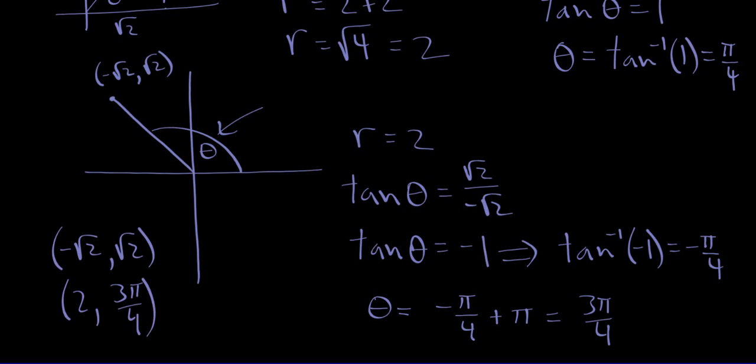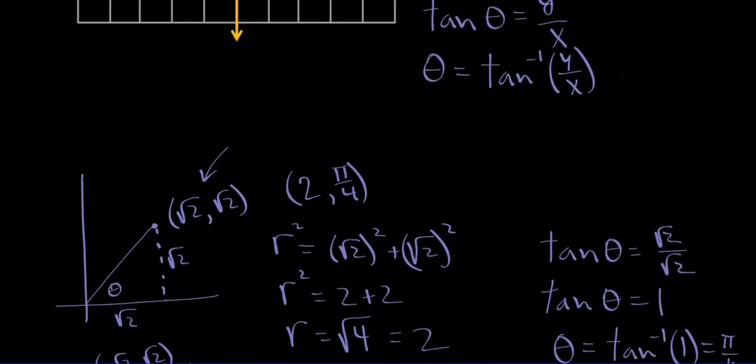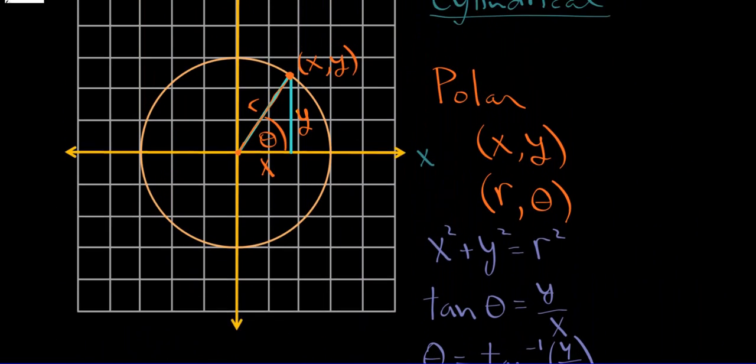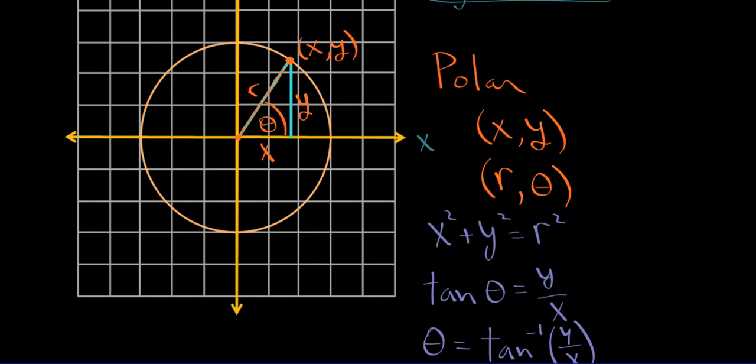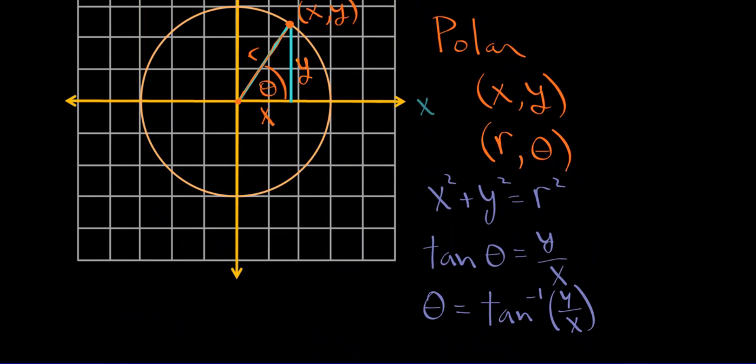Now this is just meant to be a quick review of polar because what we're really getting ready to talk about is cylindrical coordinates. Now one other thing that we need to take note of is that this x and y here, there are other relationships that we've not taken note of.